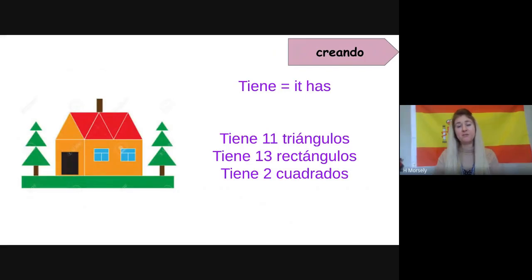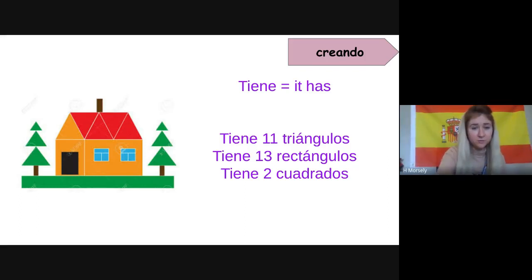So here I have used tiene, it has, and my picture has got 11 triángulos, 13 rectángulos, and 2 cuadrados. Okay, what you can do though is you could go one better than that, and you could say, okay, so my shape tiene 11 triángulos, so it has 11 triangles.